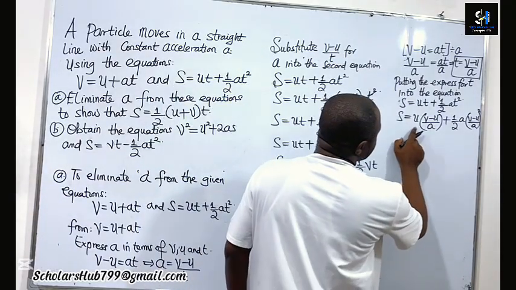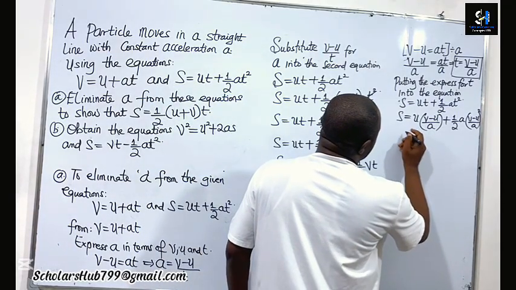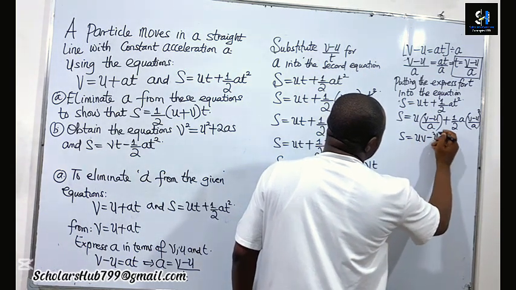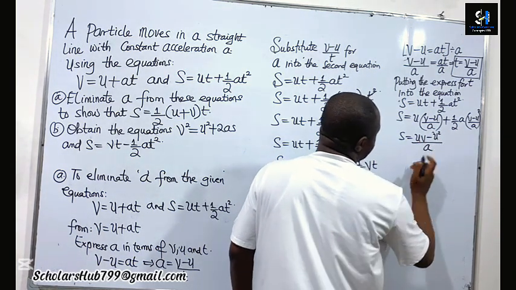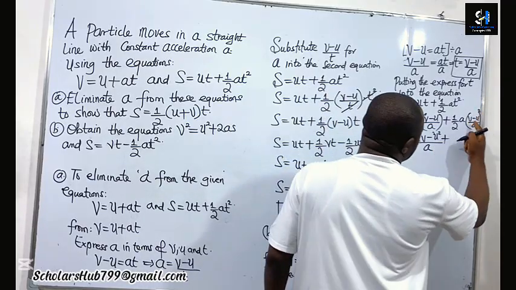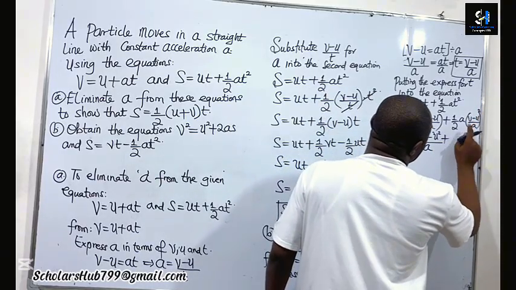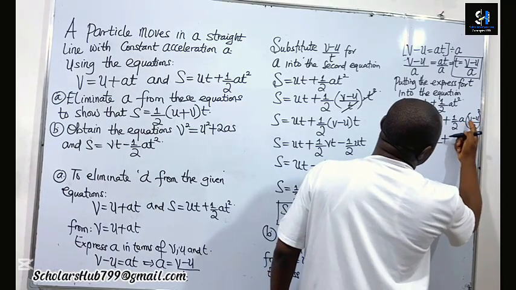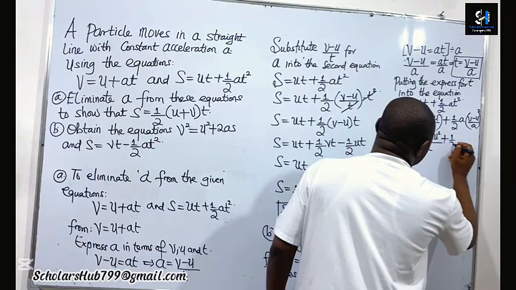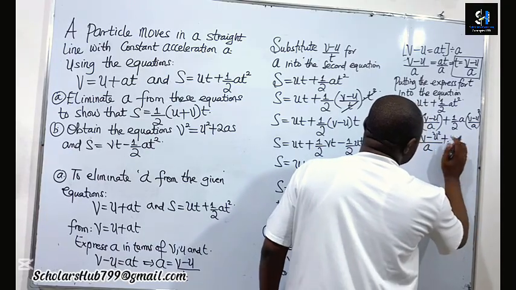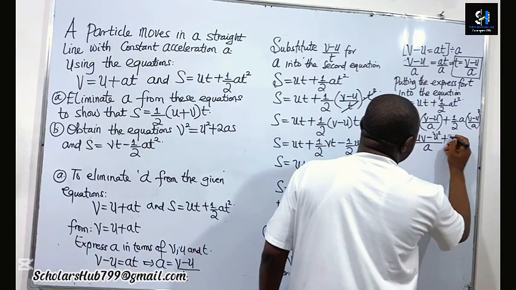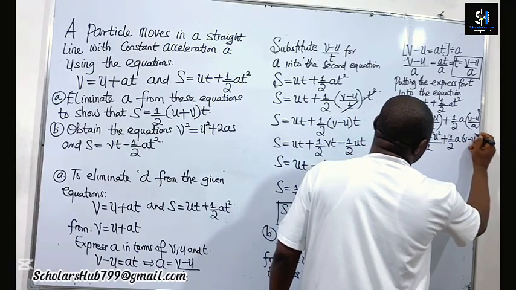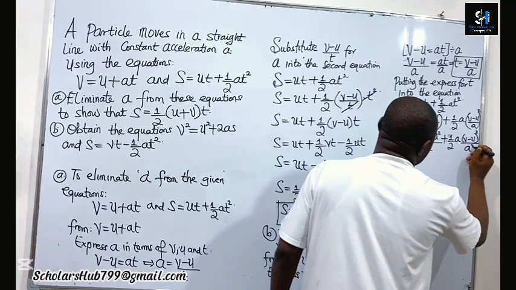Okay, so now in this case, we're going to have s equals uv minus u squared divided by a, plus, if you square this, 1/2 of a, then v minus u squared over a squared.